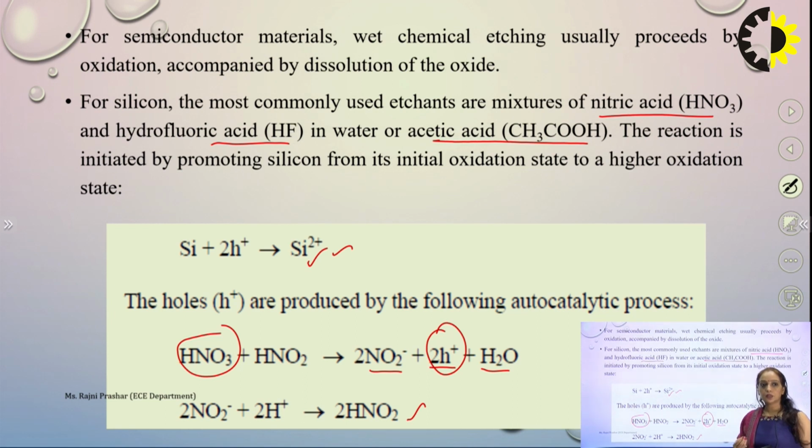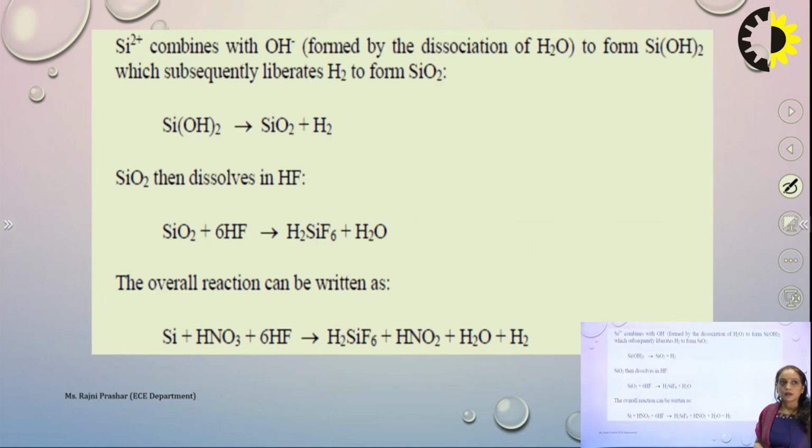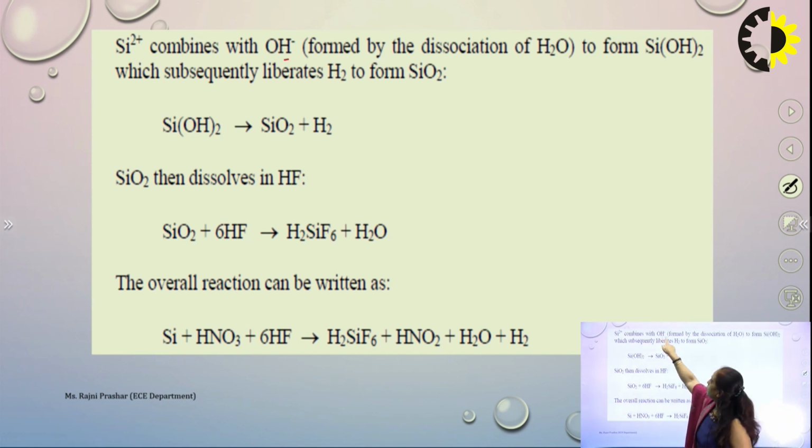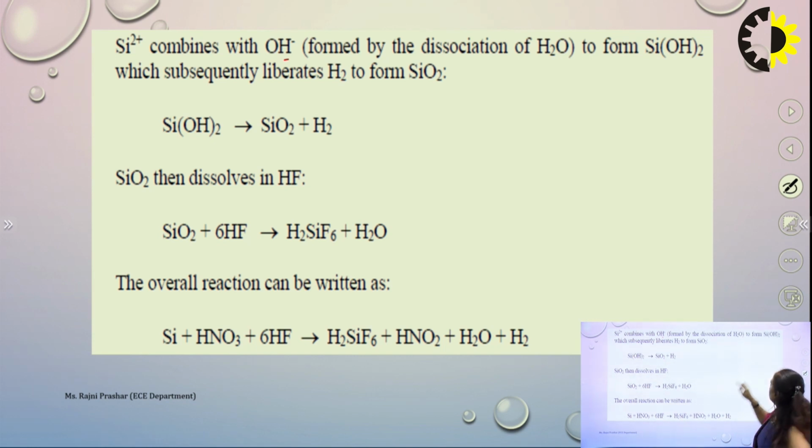Whatever nitric acid is used in this reaction is regenerated again, so it is named a catalyst. The positive silicon ion will combine with the OH ions from the dissociation of water molecules to form Si(OH)2, which subsequently liberates H2 and forms silicon dioxide. So finally, silicon dioxide is formed.